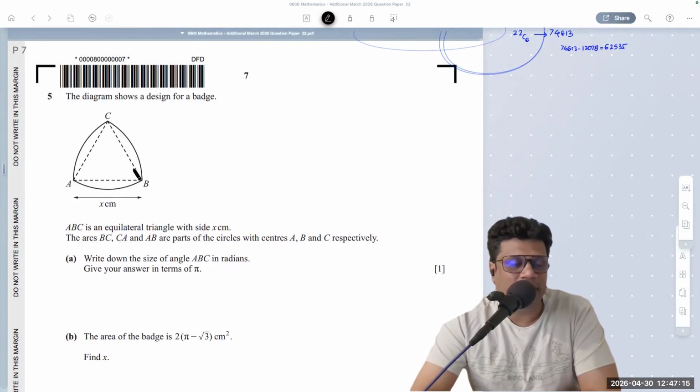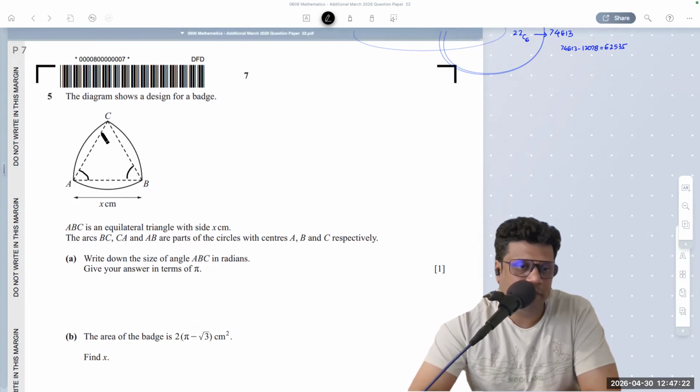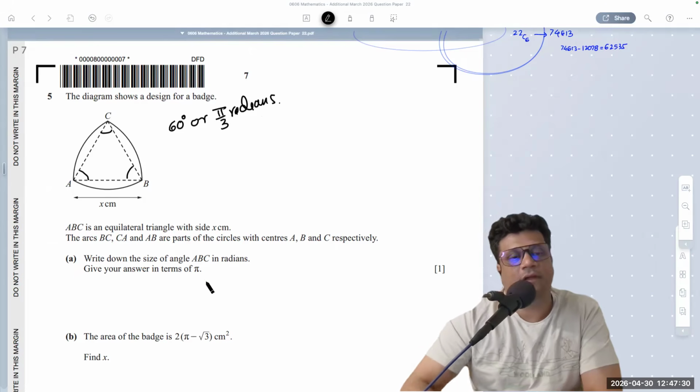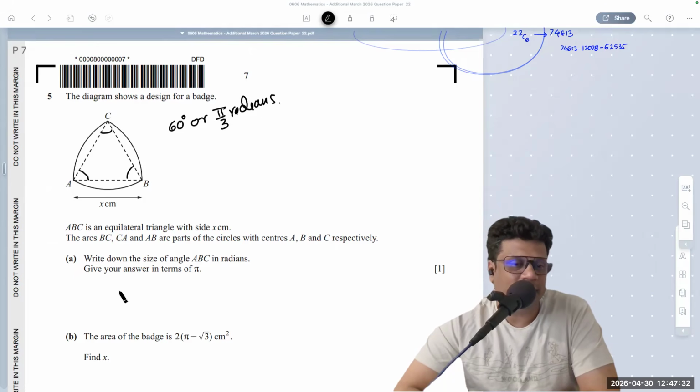Well, if it's an equilateral triangle, of course, all the angles are going to be 60° or pi by 3 radians each. If they want me to tell them angle ABC, that's going to be pi by 3 radians.